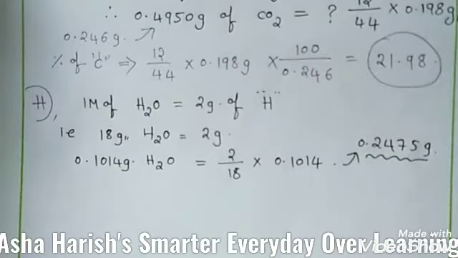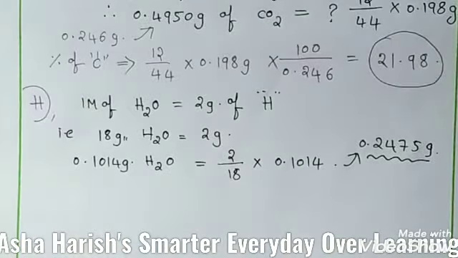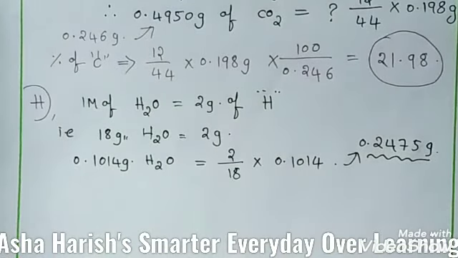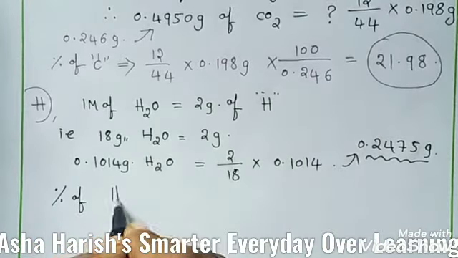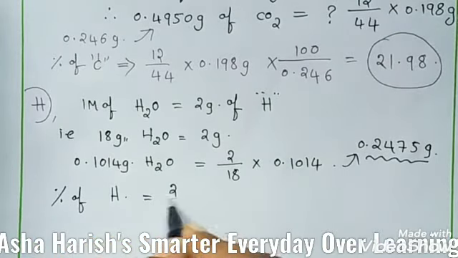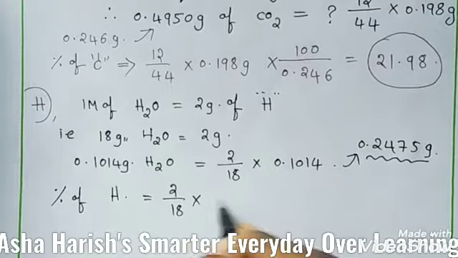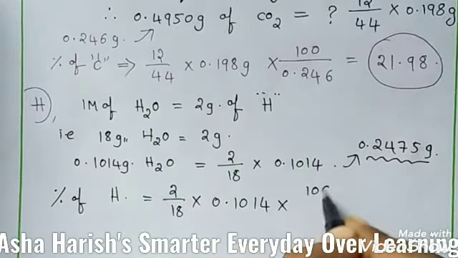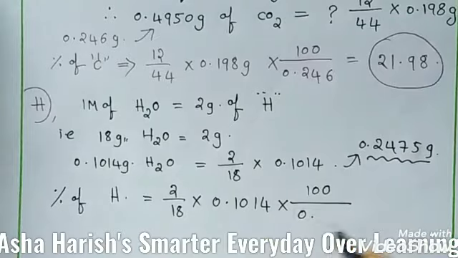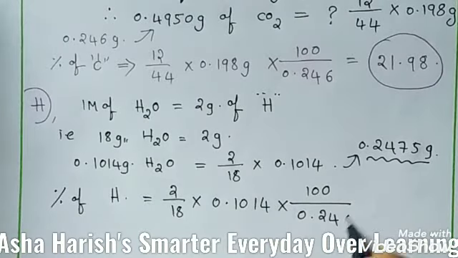Right. Now the percentage of hydrogen in the specific compound is equal to 2 by 18 into 0.1014 into 100 by the weight W, 0.246.